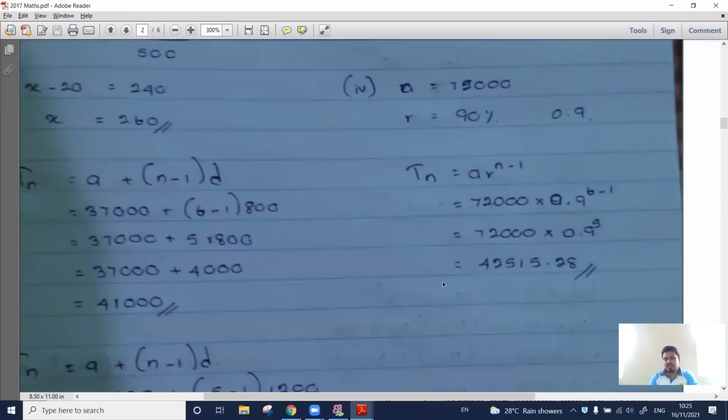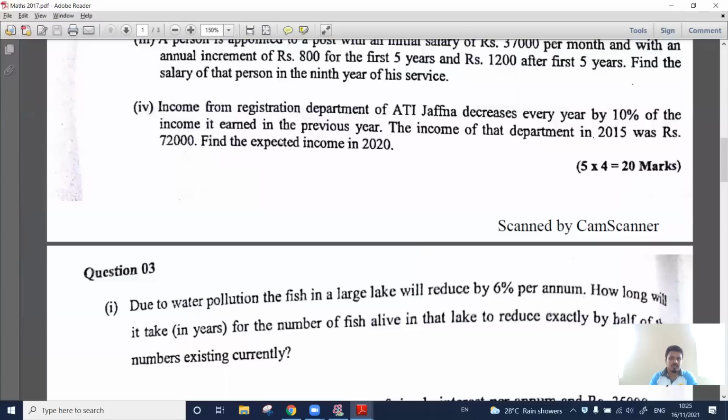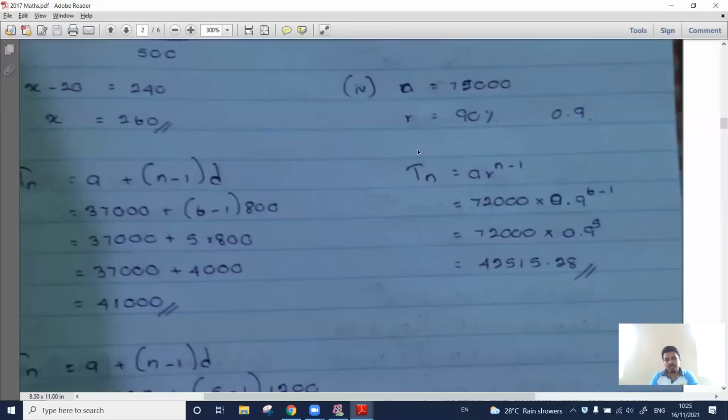But if you have mentioned what they have asked for, find the expected income in 2020, clearly in words, that will be more clear and more complete. Still you will get the mark for this, but that will be a more complete answer.